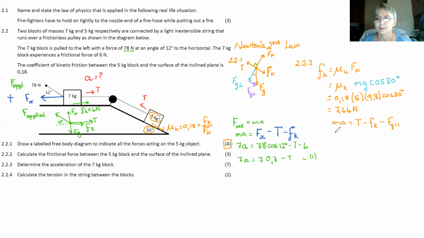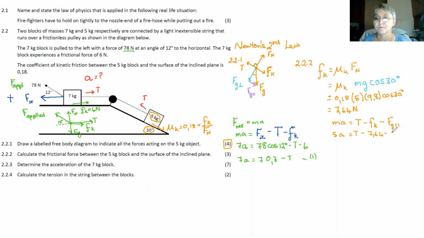So we have mass is 5, a is unknown, tension is unknown, friction is 7.64, and this component is mass times gravitational acceleration times sine 30 degrees.